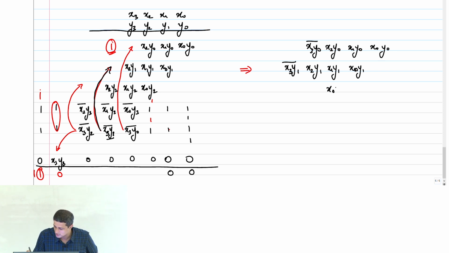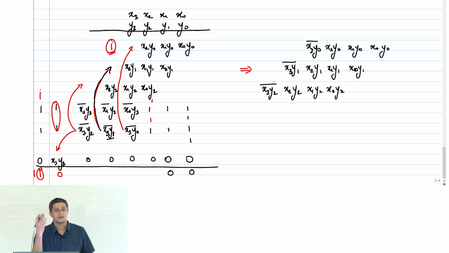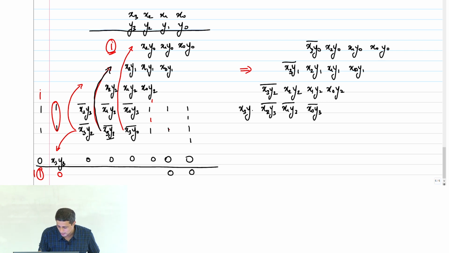Partial product: x0, y2, x1, y2, x2, y2, and x3, y2 bar. Now there is another term where I am going to multiply by y3, which is all negative numbers. So here I will write this as x0, y3 bar, x1, y3 bar, x2, y3 bar, and x3, y3.